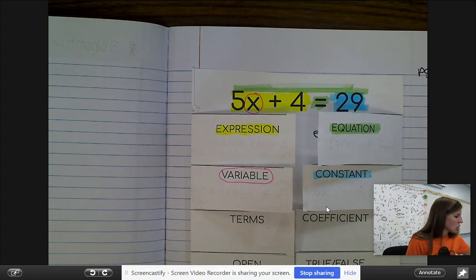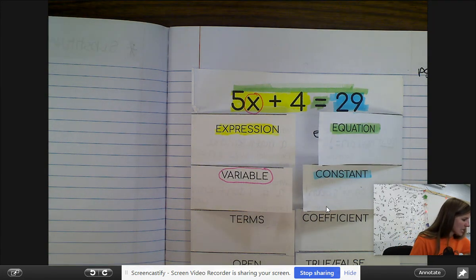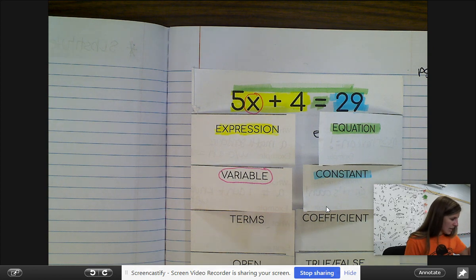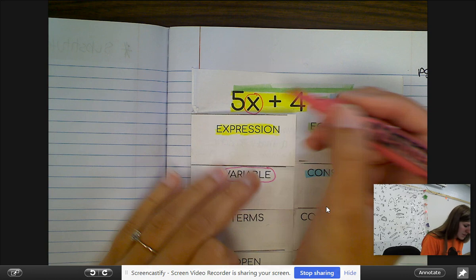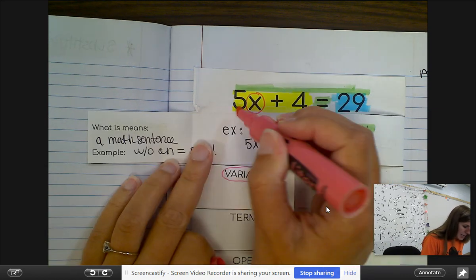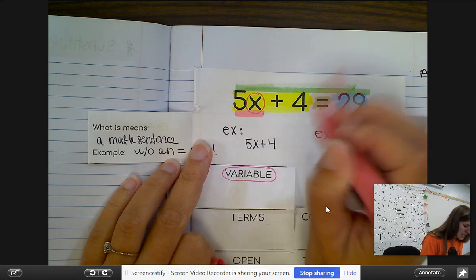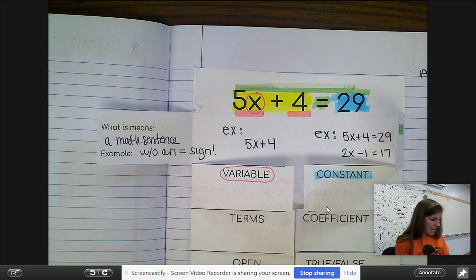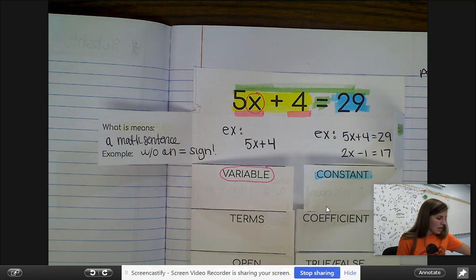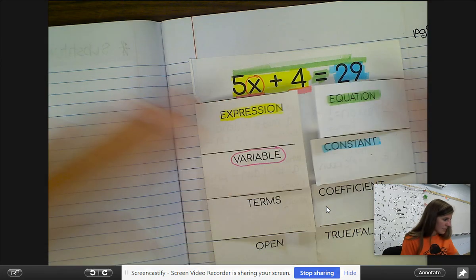Next are terms. This thing right here and this thing right here are each terms. And I know I called it a constant, but it can also be a term.